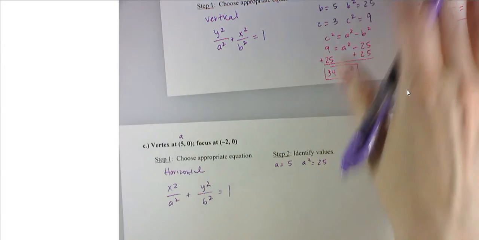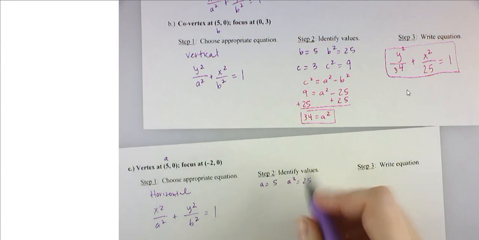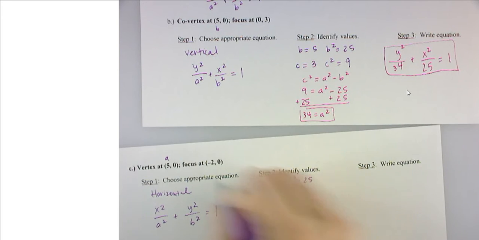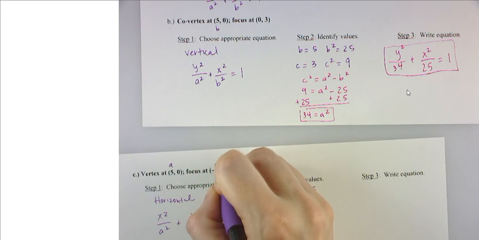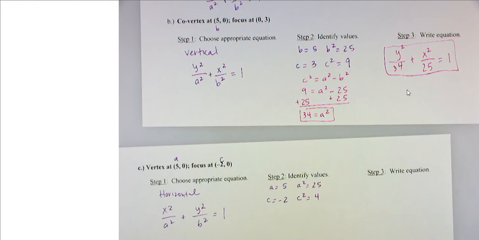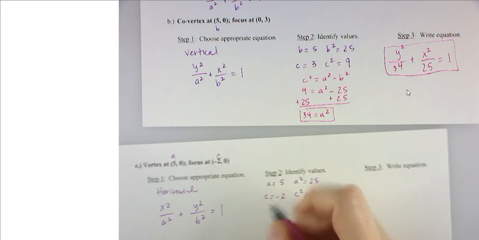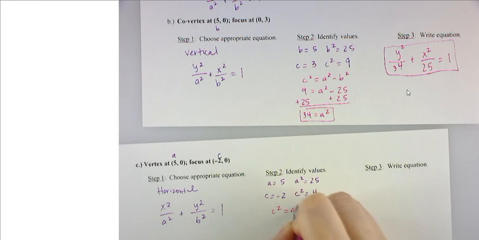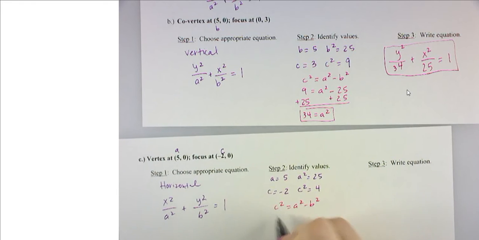So we know c is -2, c squared would be 4. And then we're going to have to use our equation to find b. So c squared equals a squared minus b squared. So c squared is 4, a squared is 25. We're going to subtract 25. It's okay that this is negative.